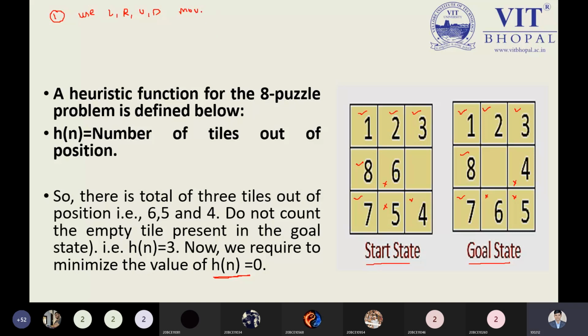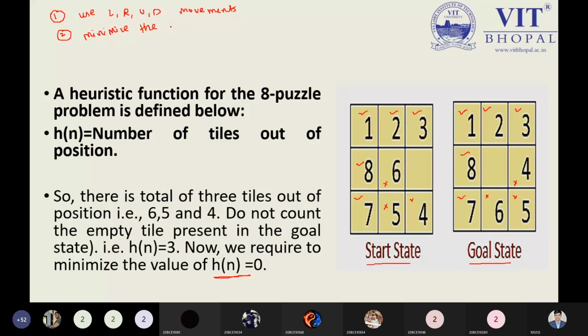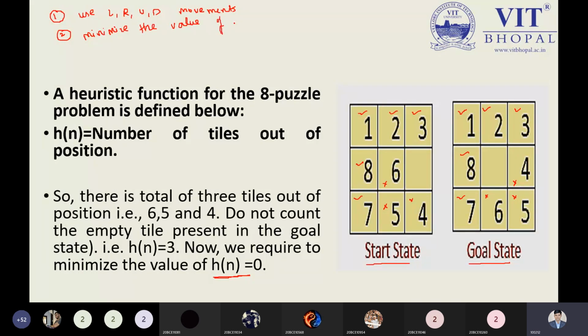The movements. Okay. Second one, you have to minimize the value of heuristics, that is Hn equal to 0. And what is the n? N is number of tiles we are using. These are the few things which are already given.